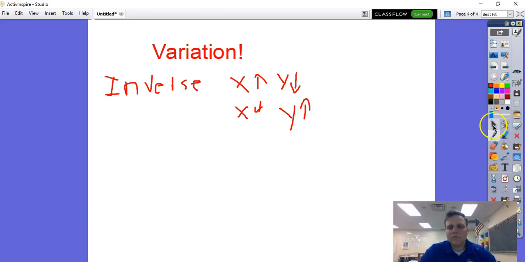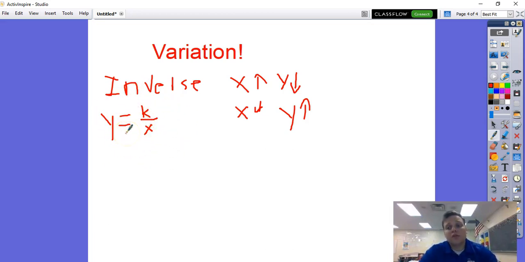So a formula you might see for inverse variation looks like this: y equals k over x.